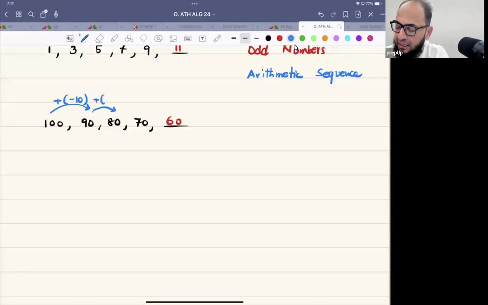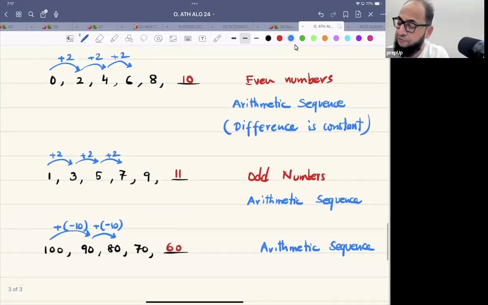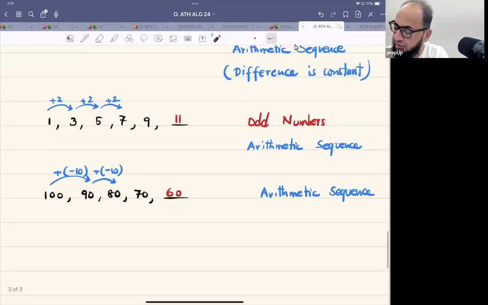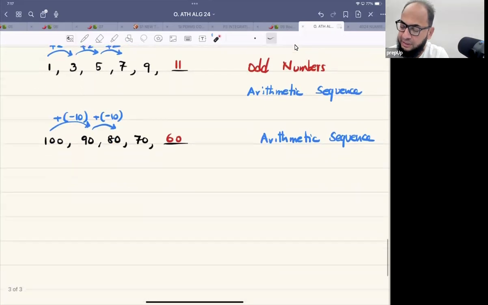I'm still using the word addition, so therefore it is again an arithmetic sequence. Again the difference is constant. What is the difference between the previous two and this one? There is an addition of a constant value. This value was positive. This is also addition, but this is a negative number. So this is also an example of an arithmetic sequence.